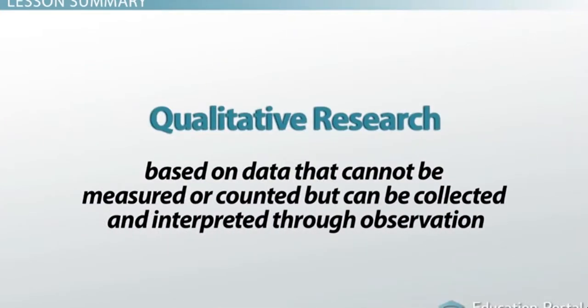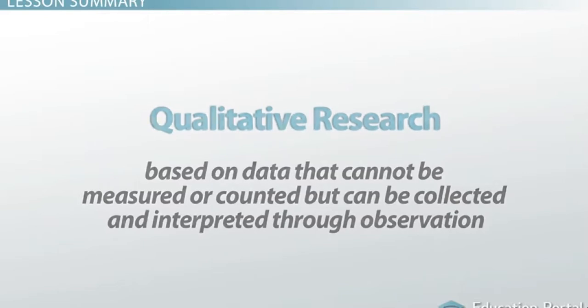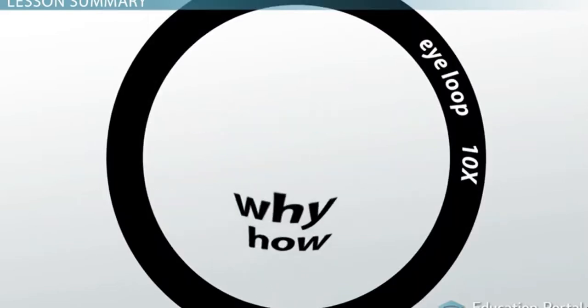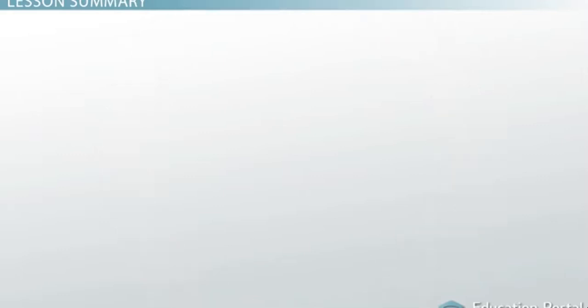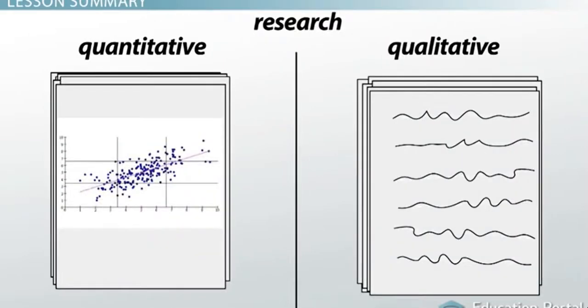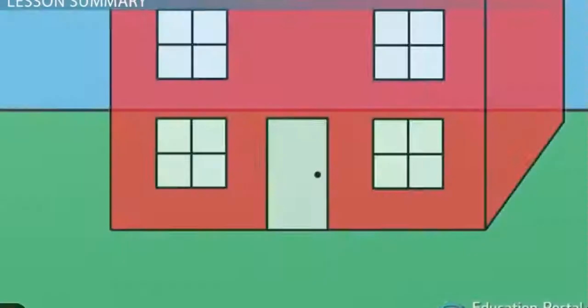In contrast, qualitative research, also called descriptive research, is based on data that cannot be measured or counted, but can be collected and interpreted through observation. This type of research focuses on why and how social phenomena occur. There are advantages and disadvantages for each type of research.